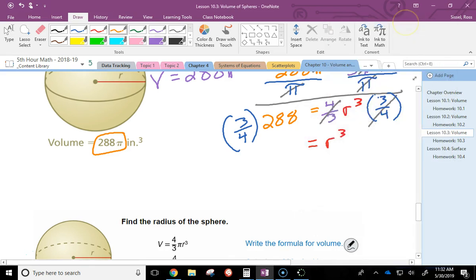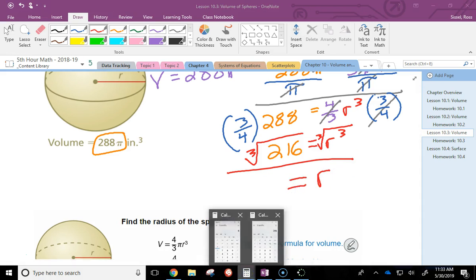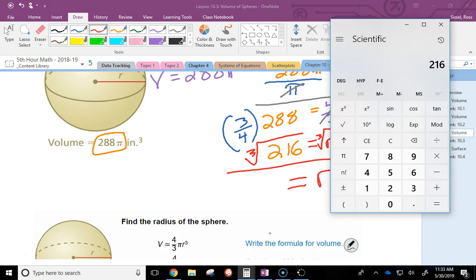So 216. Last step, how do I get my r all by itself? Cube root. Good. It's being cubed, so we cube root. R equals, well, and remember we do 216.